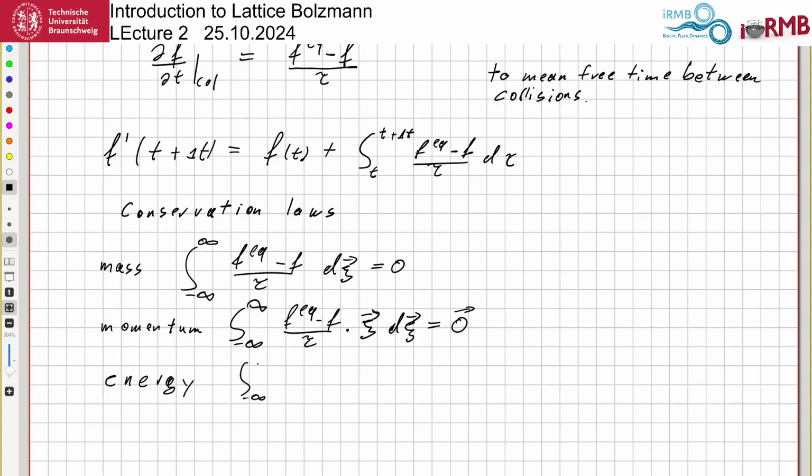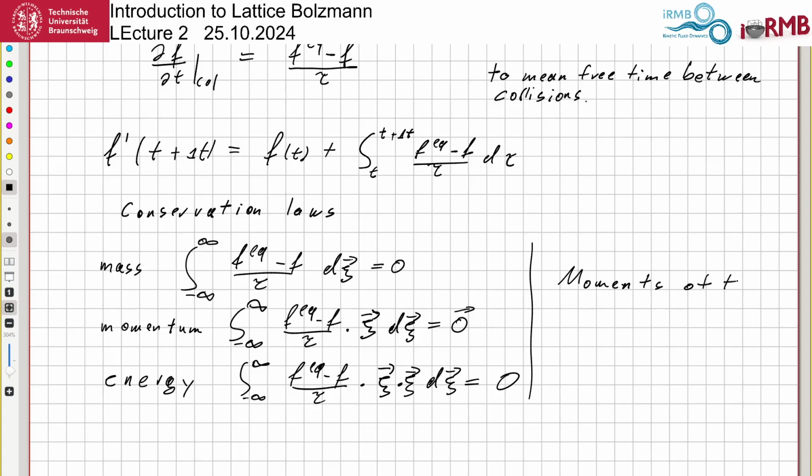Energy, we get from (Feq minus F) divided by tau, by integrating here over xi dot xi. So energy is velocity squared, microscopic velocity squared, and this is also 0. And these things here are the conserved moments, in particular moments of the BGK operator.